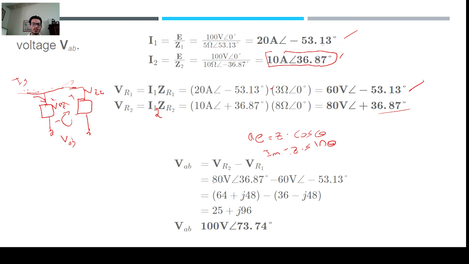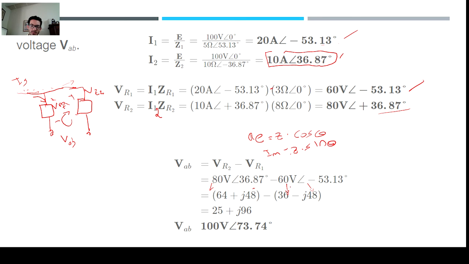So using your calculator, 80 times cosine of 36.87 will give you 63.99 or 64. This is this value right here. And 80 times sine of 36.87 will give you 48 positive. Since the angle is positive, you have a positive imaginary contribution. Then do the same thing here and use the negative angle to give you the imaginary part.